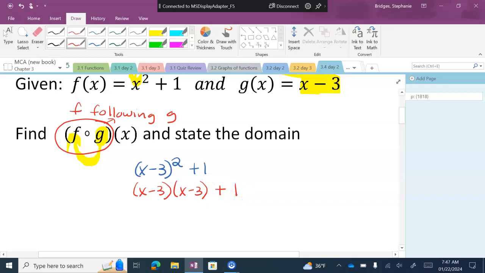So what I would like for you to do is go ahead and take a minute, FOIL out x minus 3 times x minus 3. You still have that plus 1 on the end that you'll need to then combine terms once you're finished FOILing it out. Once you distribute it, you're going to combine your like terms. The result will be the composite function f following g of x.